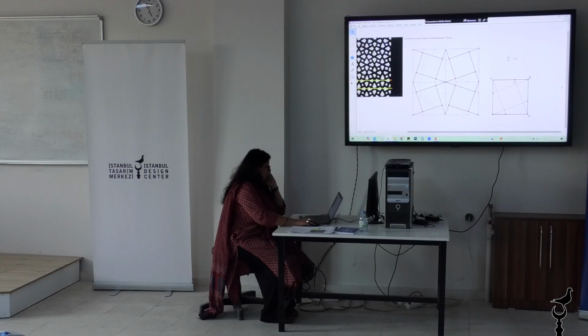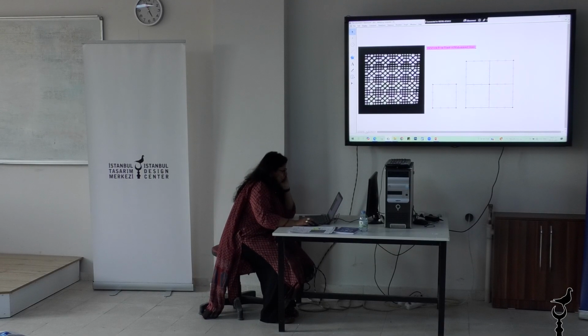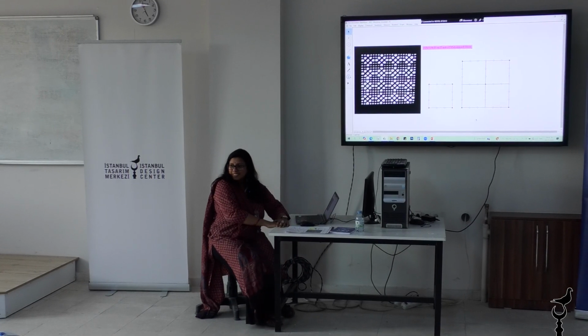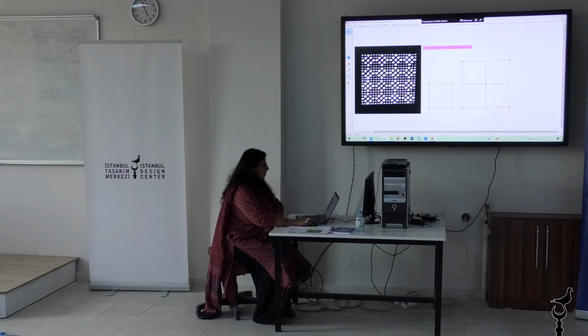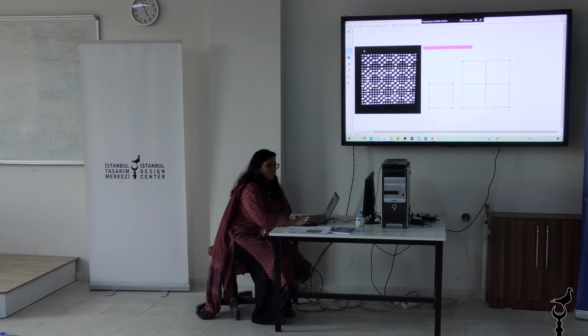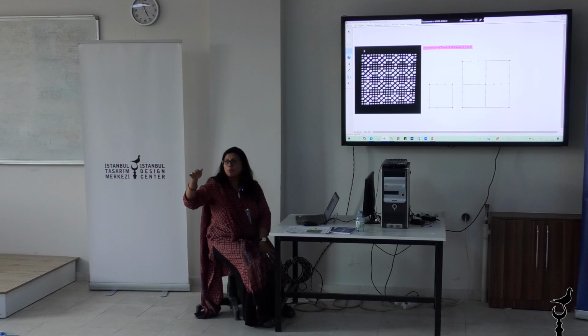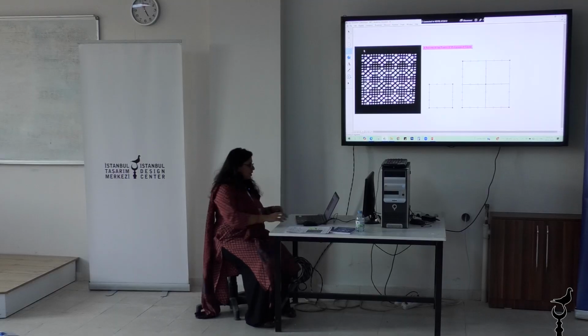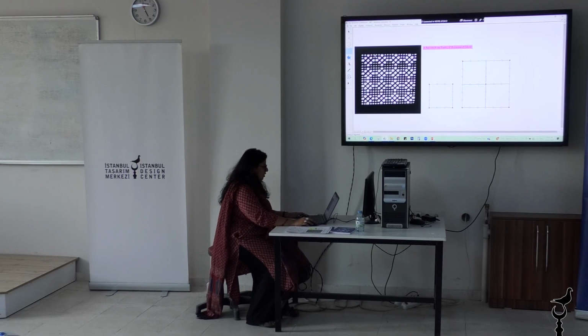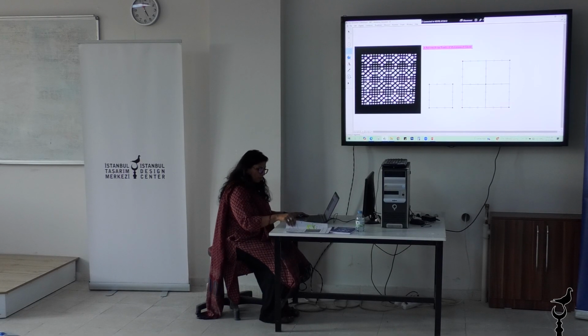Can we move to the next one? Can you all try this pattern? Super easy pattern. All the patterns I've selected are in the family of square and grid, so that you just have to make grids and the pattern emerges from there. If I look over here, let's draw the symmetrical line.